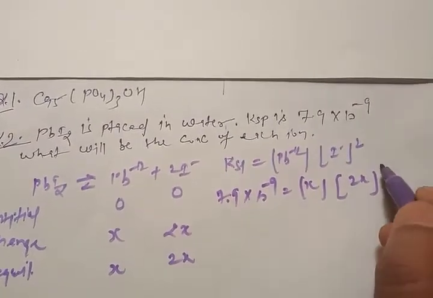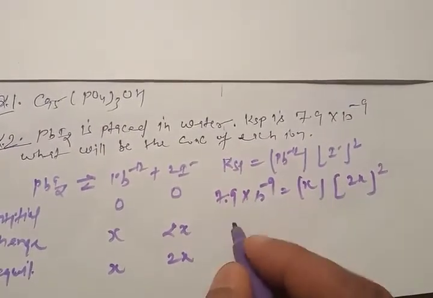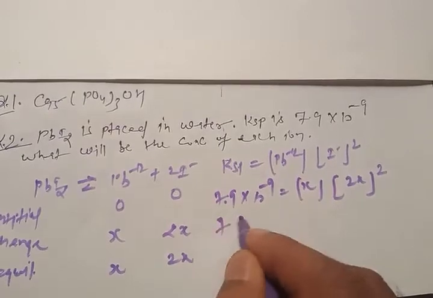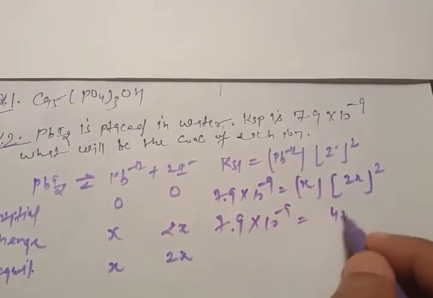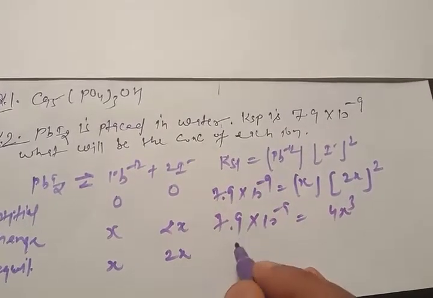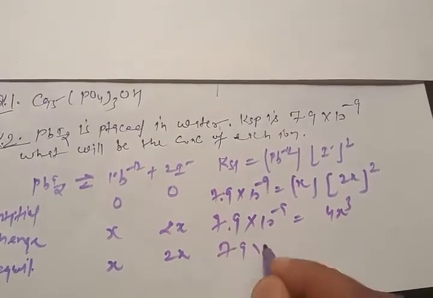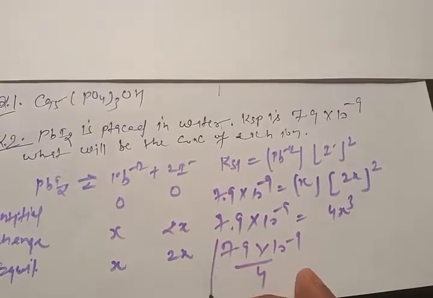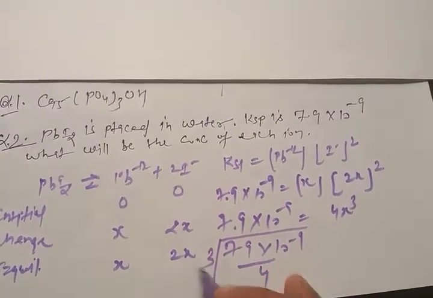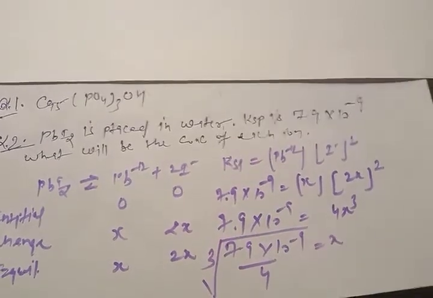So 2x power 2. So all this is what? 7.9 10 to power minus 9. This will be 4x cube, and this will give you 7.9 10 to power minus 9 divided by 4, and this will give you root 3 equals to x.